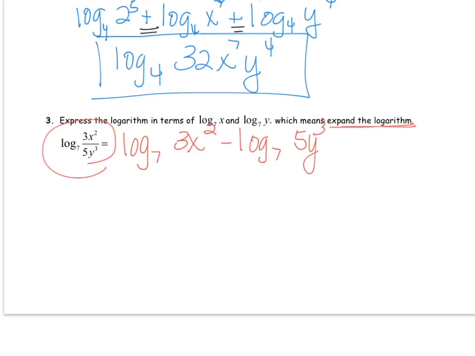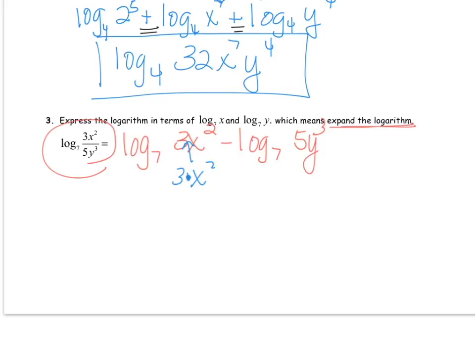And then this is a step students often forget. This is 3 times x squared, so it needs separated. You can't just put this 2 out in front because, first of all, the 2 doesn't apply to the 3, but also this is multiplication.